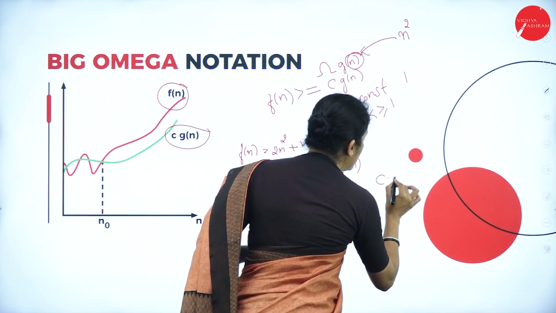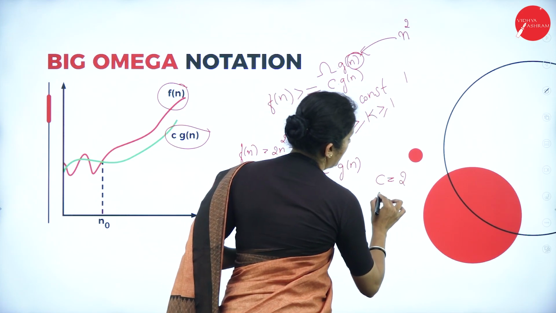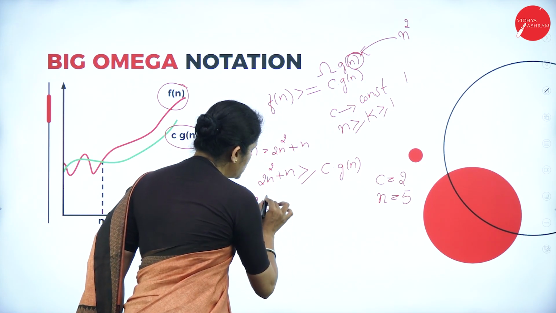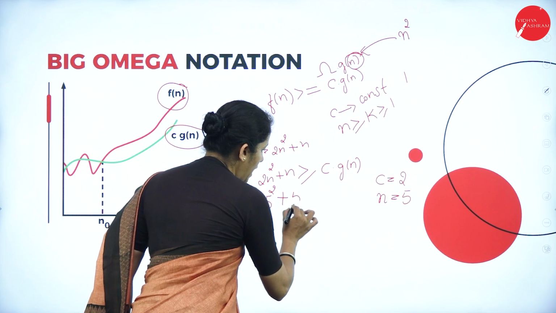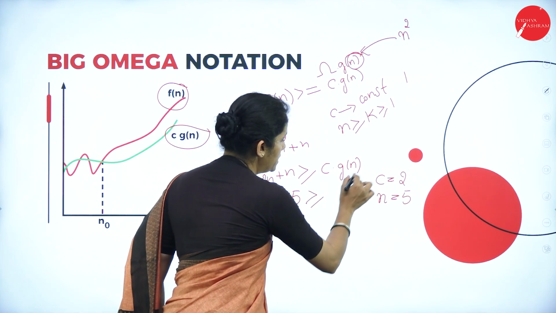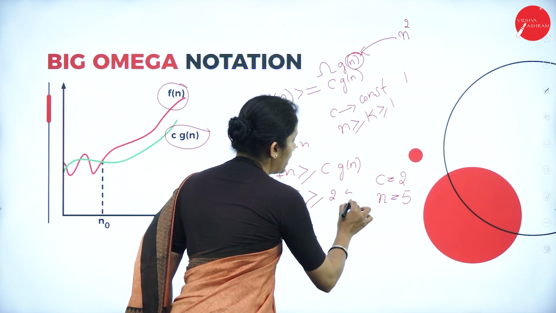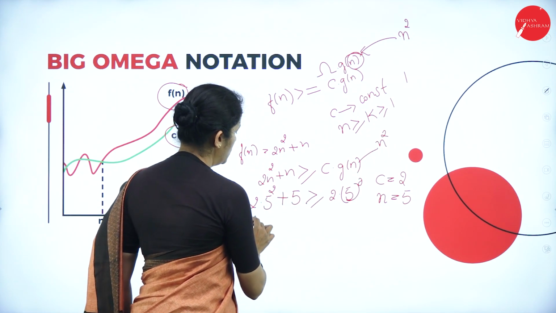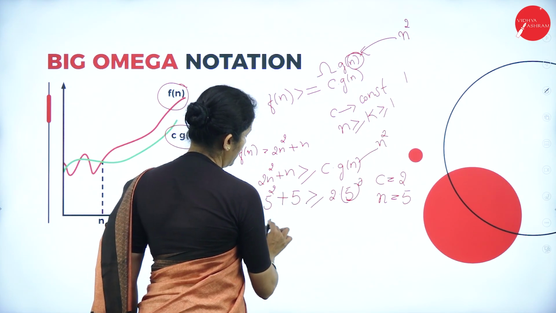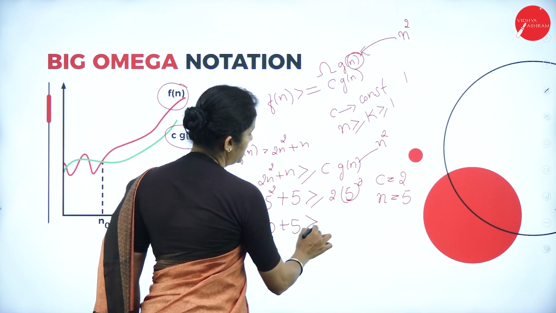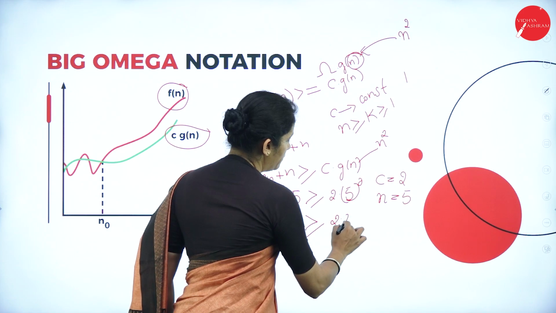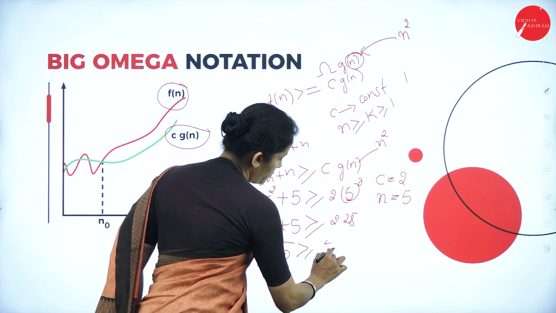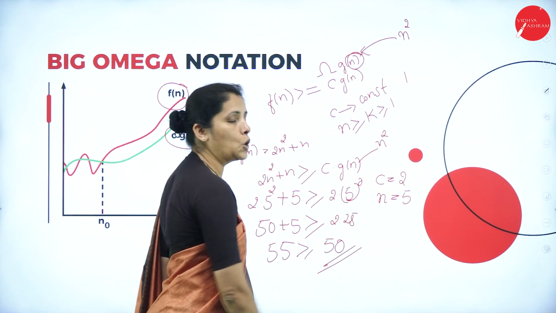So I'll take C equal to 2 and n equal to 5. So 2 into 5 square plus 5 is greater than or equal to C, which is 2 into 5 square. Here g of n is nothing but n square. So 2 into 25 is 50, plus 5, that must be greater than 2 into 25, that is nothing but 50. So 55 is greater than 50. So this is the way I can cross check.